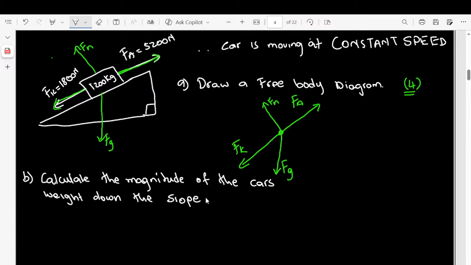Look at the weight down the slope. What are they looking for? Come on, anyone, please. Tell me, what are they looking for?